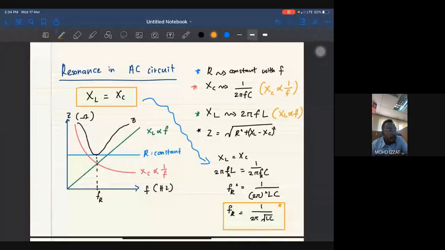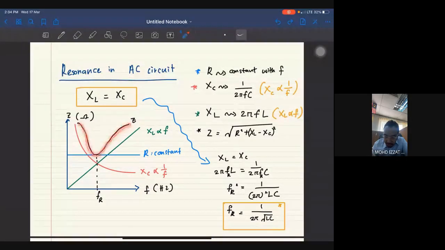What is so special about this resonant frequency? It has two things. Number one, at this particular position, you can see that apart from this one being at the same point, this one is also at the same point. And this one is actually at the lowest point.